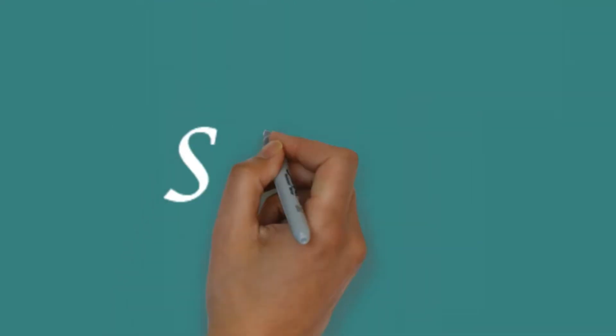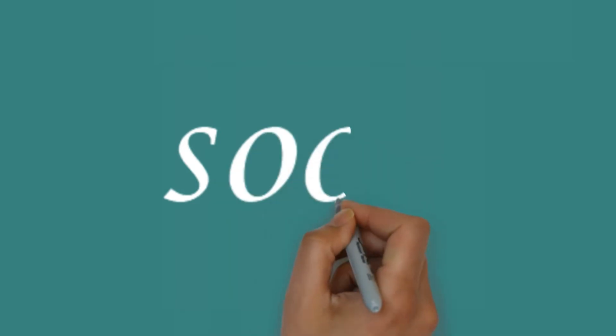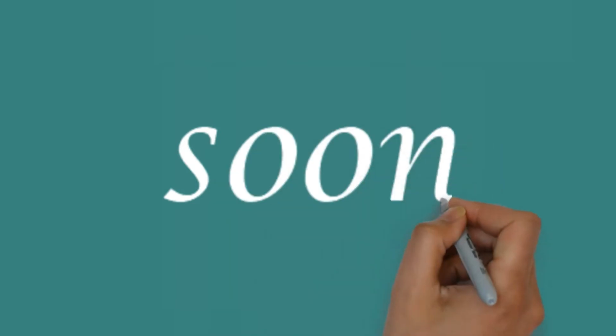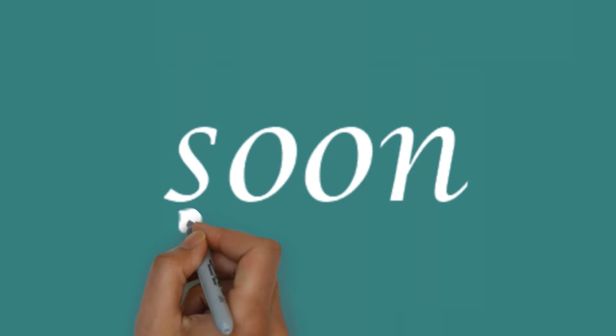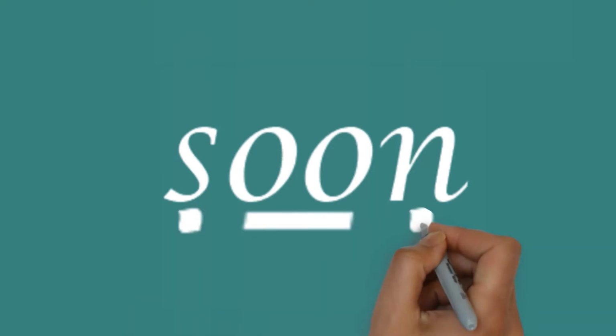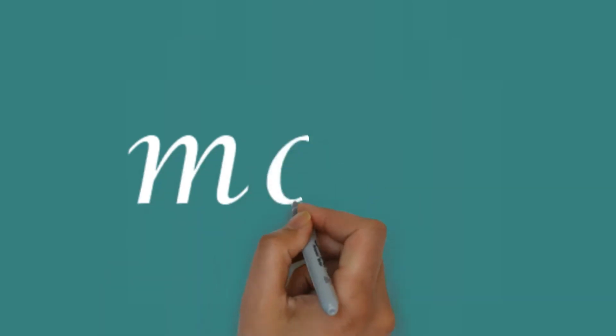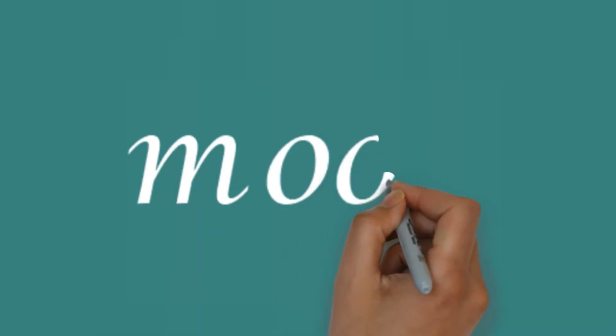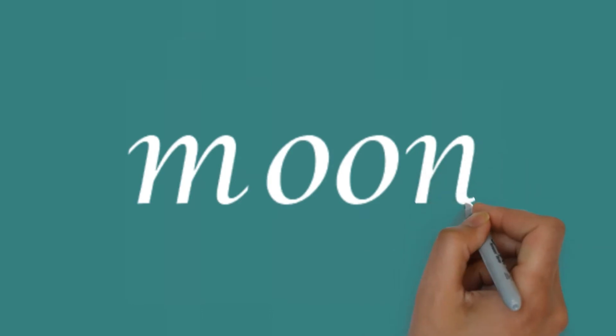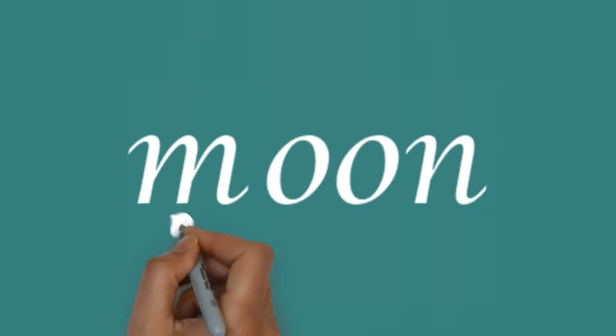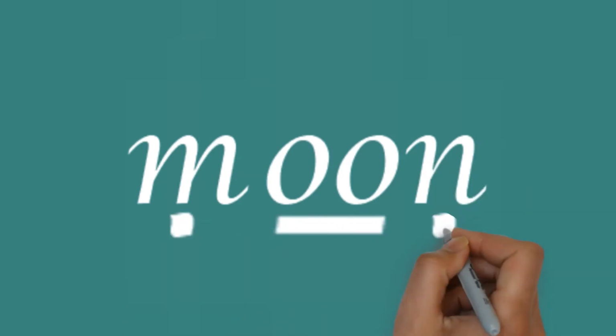S, OO, and n. S, OO, n. Soon. Now let's try moon. Starting with m, OO, and n. M, OO, n. Moon.